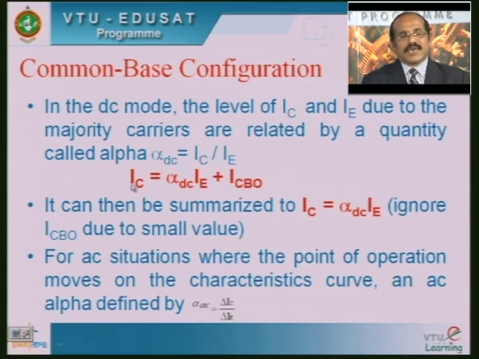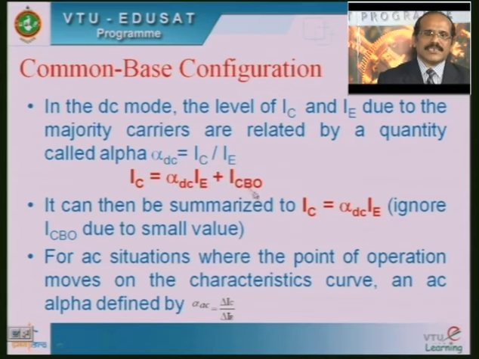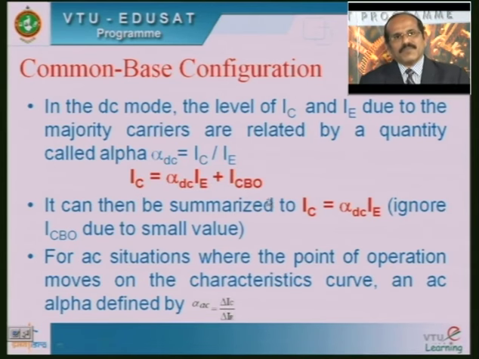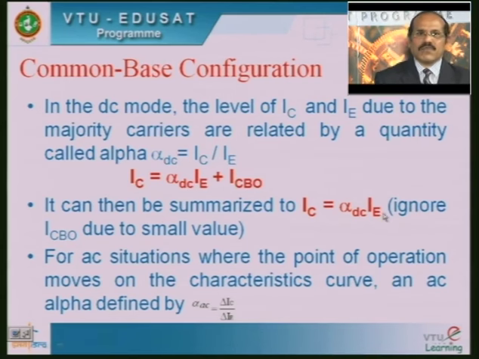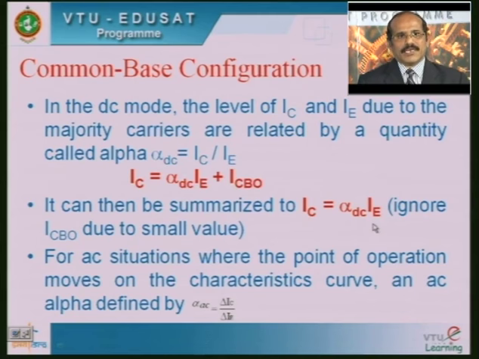Using this relation we can write IC equal to alpha DC times IE plus ICBO. ICBO, as I told you, is the current that flows from collector to base with the emitter open. Since ICBO is negligibly small, we can neglect it, and therefore IC is equal to alpha DC times IE.